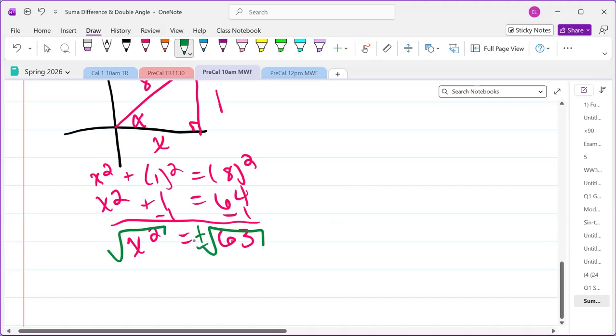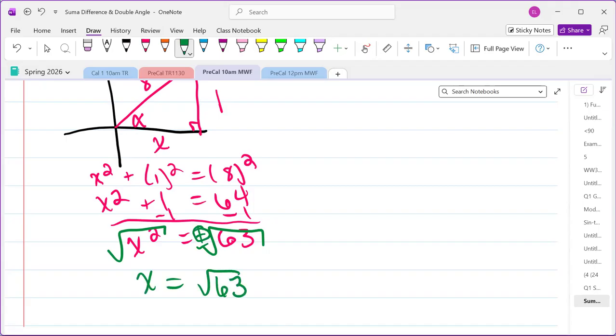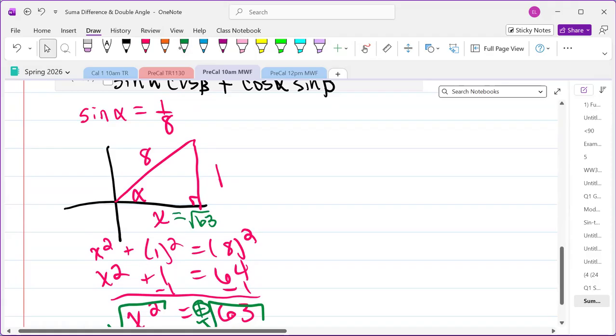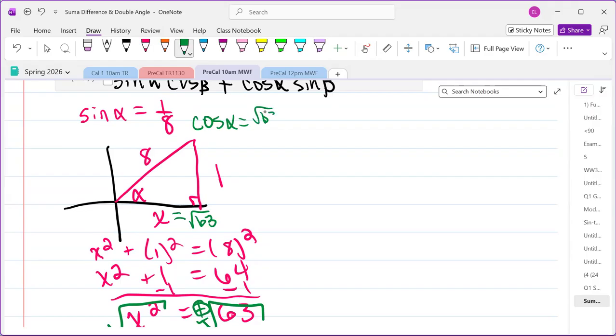So we end up with x equals plus or minus the square root of 63. Now, since we're in quadrant 1, x is to the right, so we are going to keep the positive square root of 63. And that means the cosine of alpha is square root of 63 over 8.